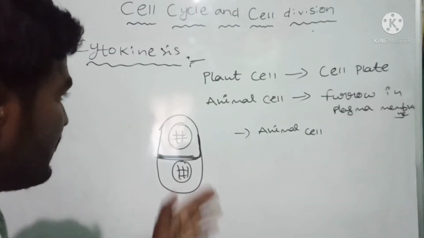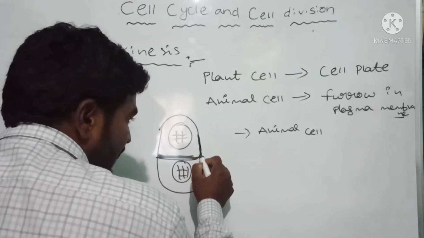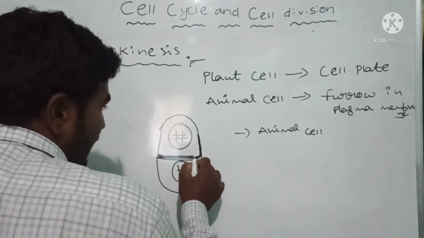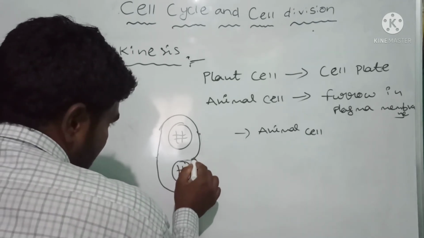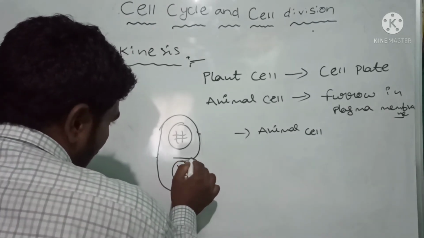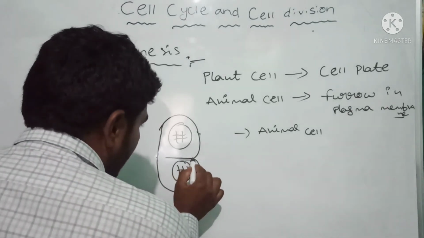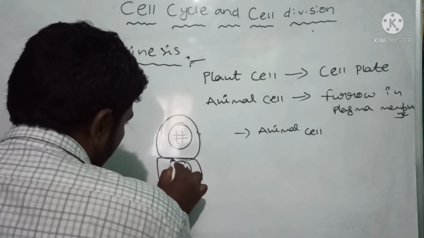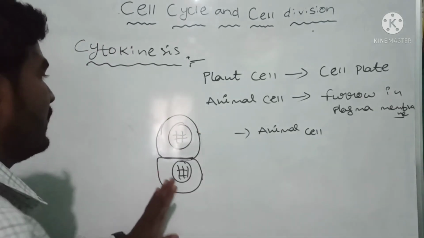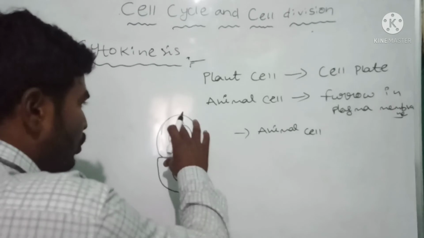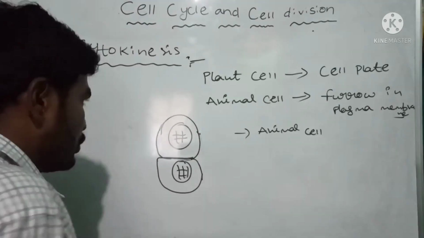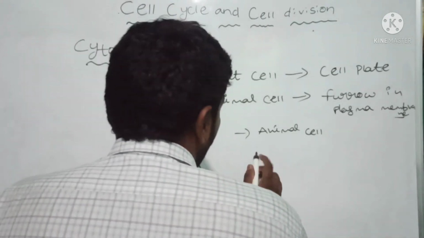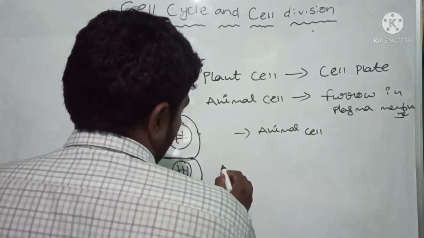The furrow forms in the cell membrane, grows centripetally and joins at the center to divide the cell into two daughter cells. These two daughter cells have an equal number of chromosomes.